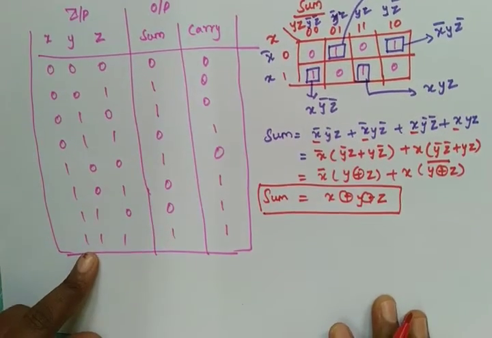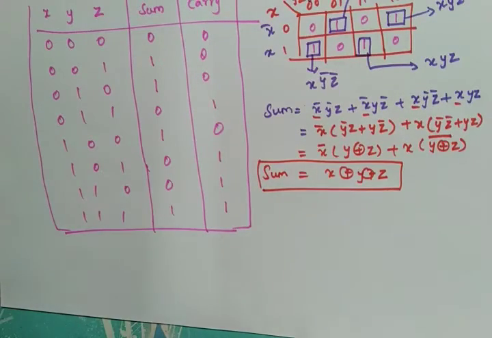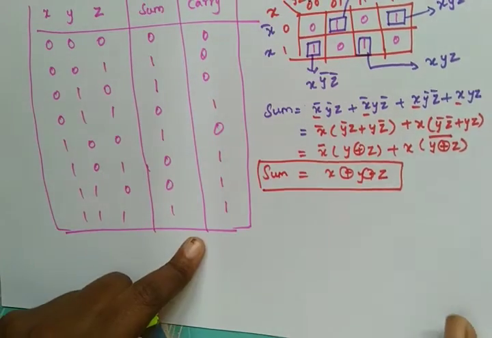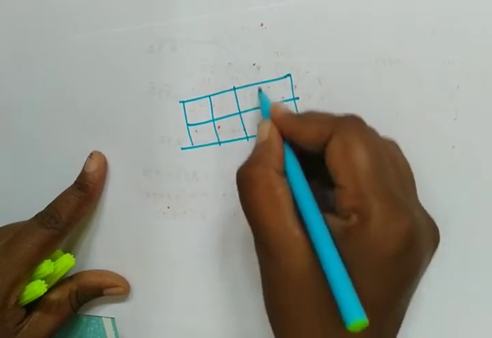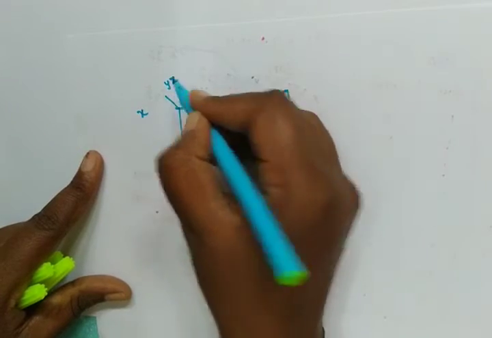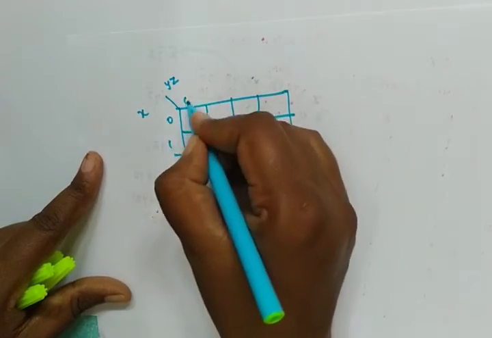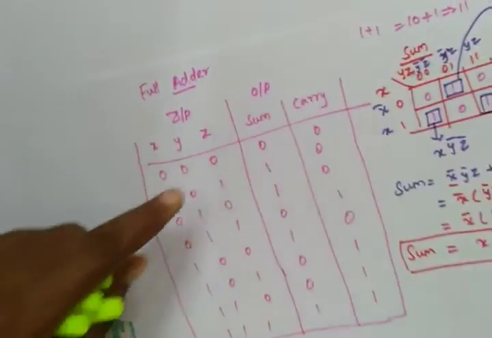Now we have to find the carry. So now solve the K-map for carry. This place is not sufficient, so let us change. This is carry. For carry, here we have x, y, z. 0, 1, 0, 0, 0, 1, 1, 1, 1, 0. Now listen.